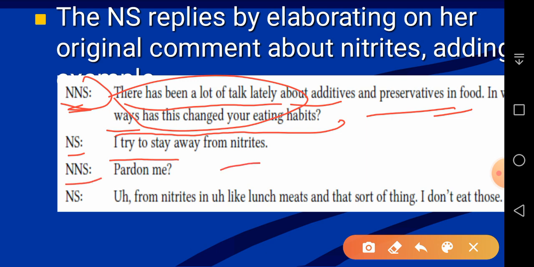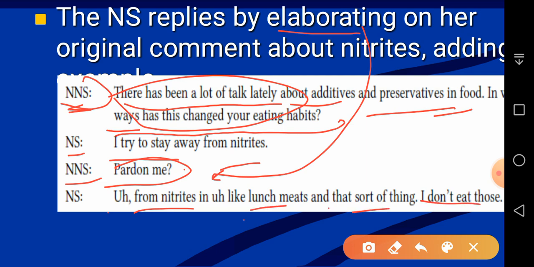Now the non-native speaker doesn't understand. He says, "Pardon me." Now see the elaboration. The native speaker elaborates: "Nitrates, like lunch meats, sort of thing, I don't eat those." So an explanation has been offered. This happens in interaction. Unless you interact, unless you have communicative pressure, learning does not take place and language is not developed.